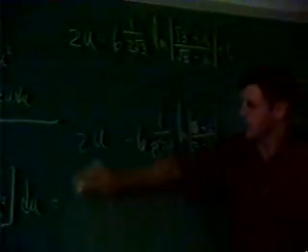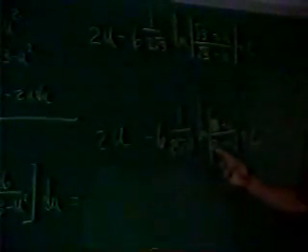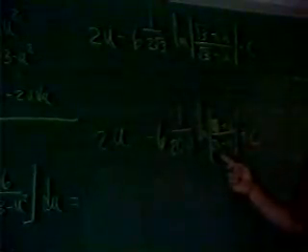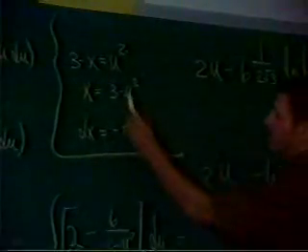Now, I must return to the original variable. The original variable was x. I've been able to take the antiderivative, but my variable is u, and I've got to return to x. So I go back across and look.